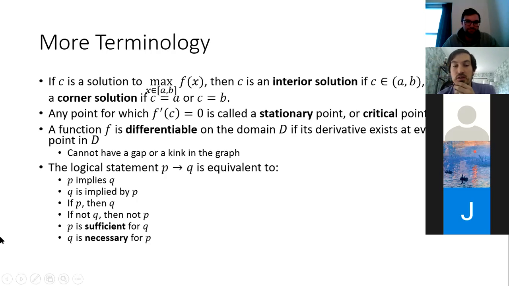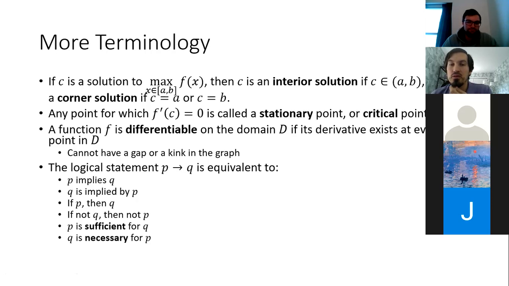Because Q is necessary for P. Now if you think of P as the thing, sorry, it's a little backwards here. P is the thing I'm trying to prove, and P implies Q. If I find that Q is not true, then for sure P is not true.